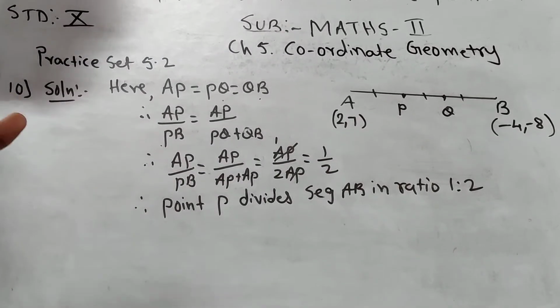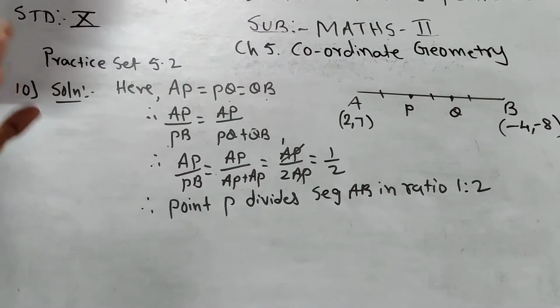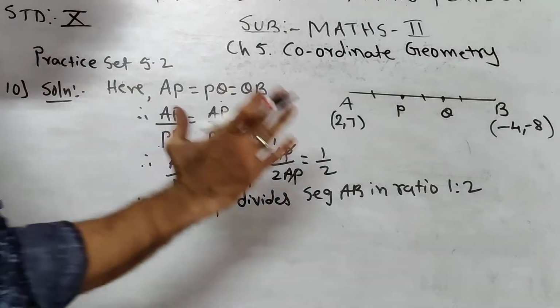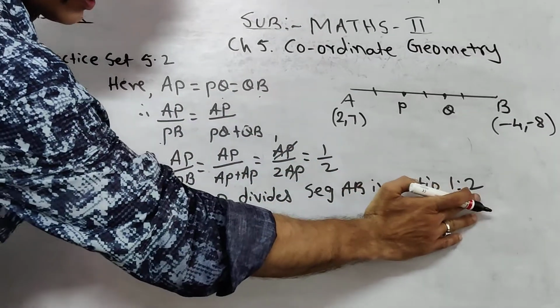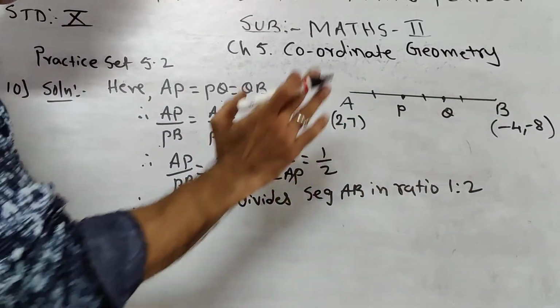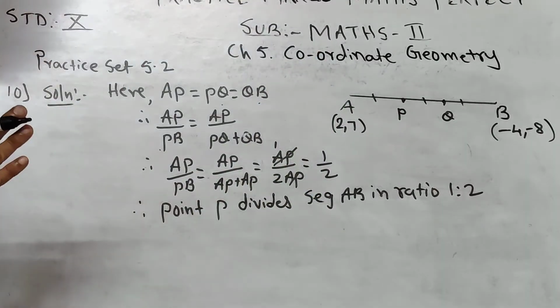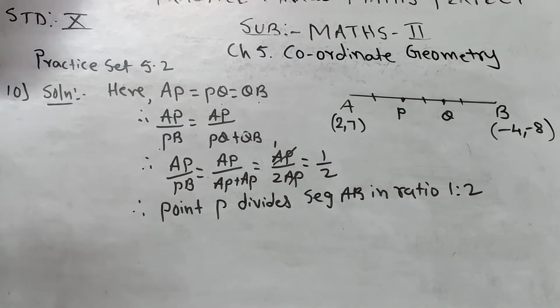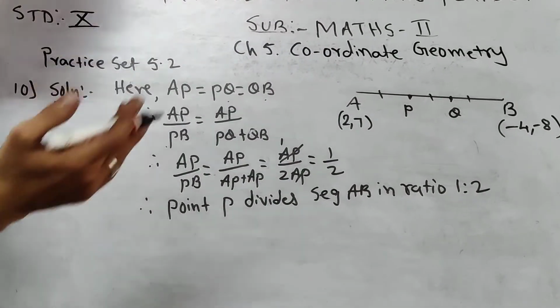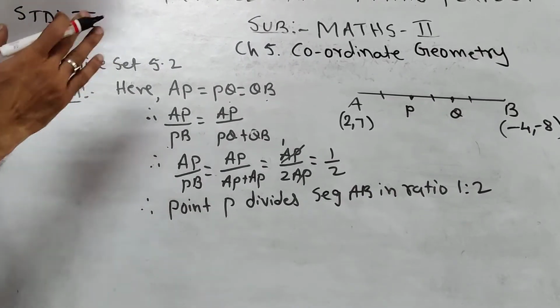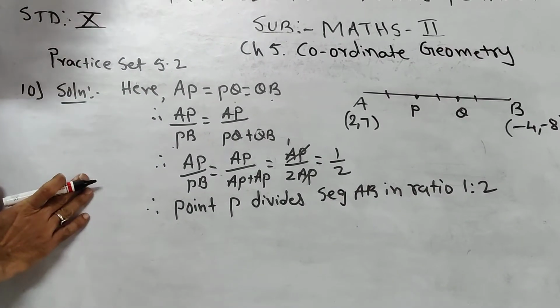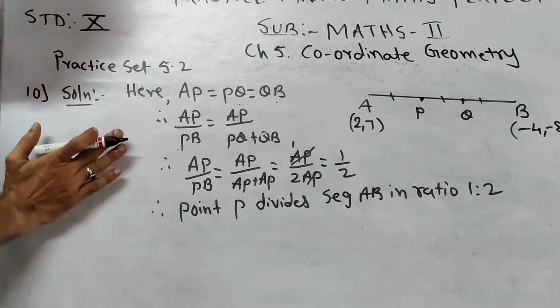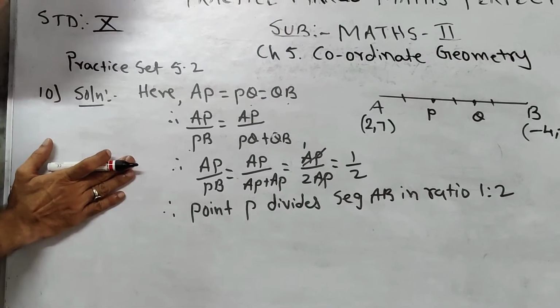Now my dear students, you might have followed. We are going to use the section formula. The ratio is there, this is m, this is n. We have to find out P coordinates first, and then we will find out Q coordinates afterward by using the same method. The method will be same. We have to use it 2 times like this, 2 times in this sum.